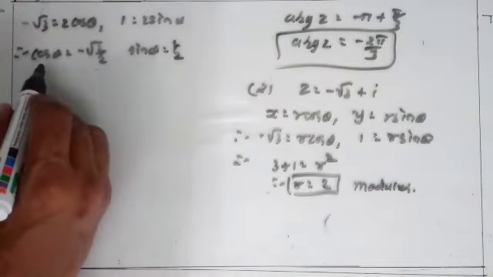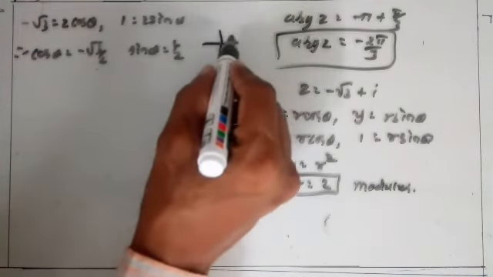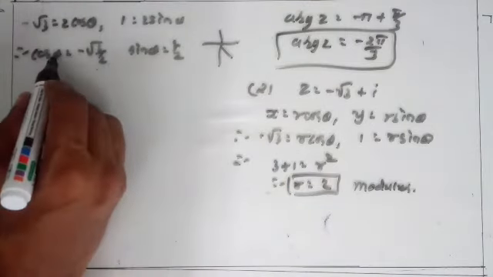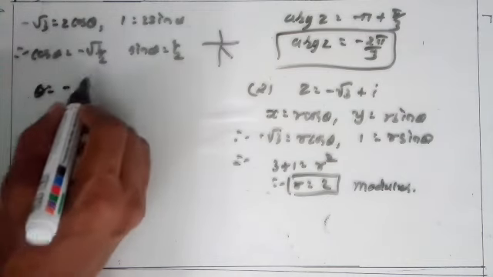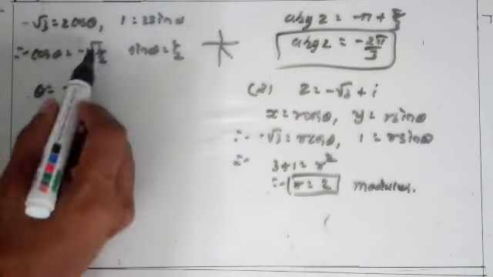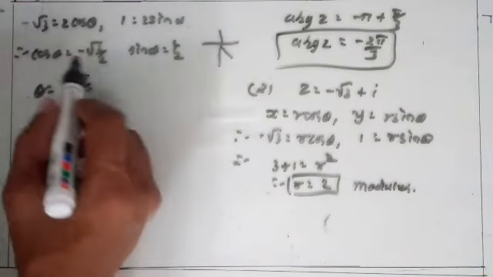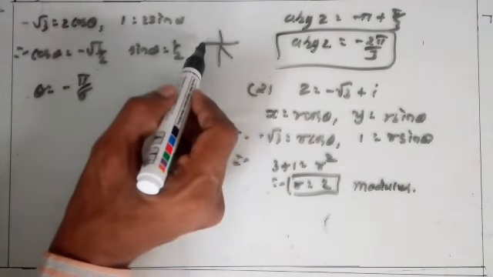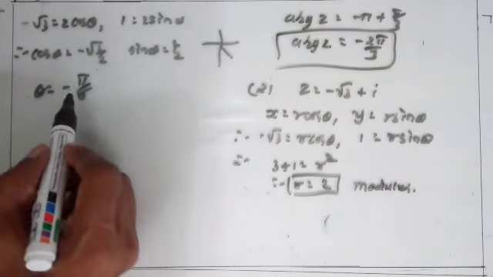Here cos is negative, sin is positive. This happens only in the fourth quadrant, and in the fourth quadrant, theta becomes minus pi by 6. Think where the value of cos becomes root 3 by 2 and sin becomes 1 by 2: at pi by 6. And the theta lies in the fourth quadrant, and theta we take in minus pi to pi. So we take theta is equal to minus pi by 6.